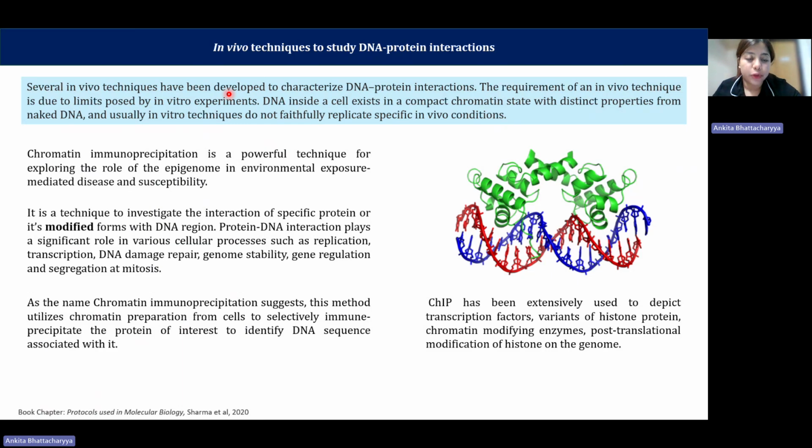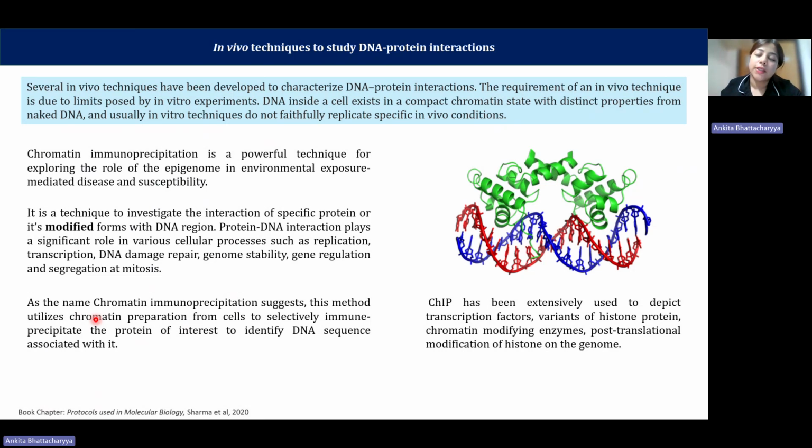So DNA protein interactions play a very significant role in various cellular processes like replication, transcription, DNA damage repair, genome stability, gene regulation, and segregation at mitosis. So as the name chromatin immunoprecipitation suggests, this method utilizes chromatin preparation. What do we mean by chromatin preparation? Why are we not just saying DNA preparation?